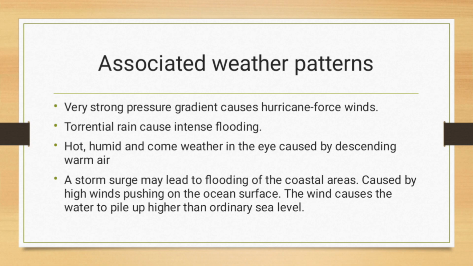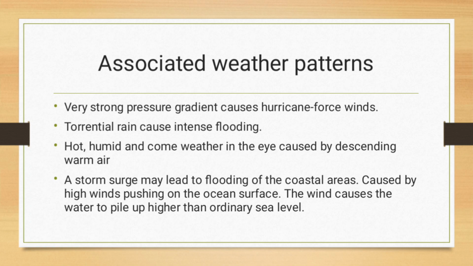Now, the associated weather pattern. The weather conditions that are associated with a tropical cyclone: there must be a very strong pressure gradient that causes hurricane force wind, meaning the tropical cyclone.